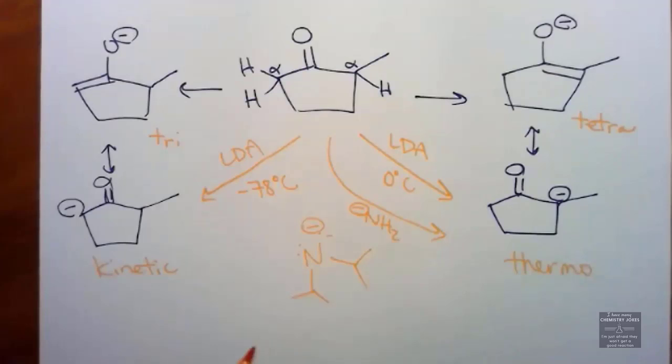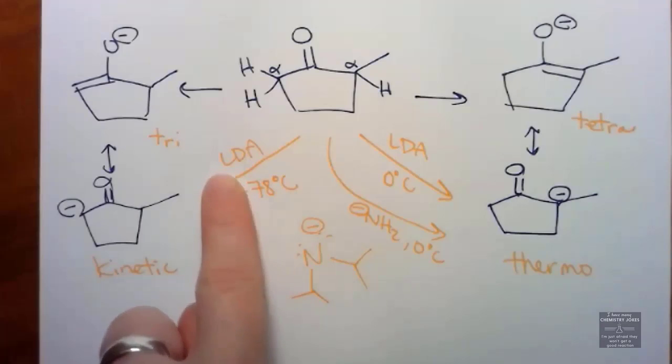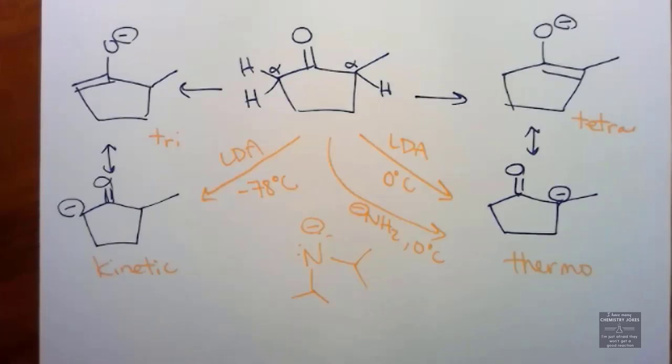If you're using a smaller one, sometimes you will maybe specify 0 degrees, but it's not always specified, unfortunately. Sometimes you just have to assume it should be thermodynamic because of the crowding, steric stuff. Sodium hydride is an okay base for that sometimes because it's small. LDA is our favorite. LDA at -78 is our favorite for the kinetic enolate.